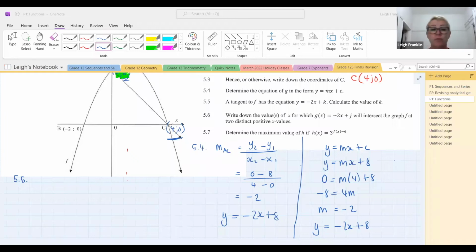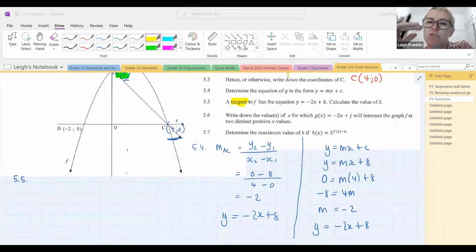So the clue is in the word tangent. When we say a line is a tangent, what does that mean? If we say a line is a tangent to a function, what does that mean for us? Not necessarily. If the line is a horizontal line, then it can be a tangent to the function at the turning point.